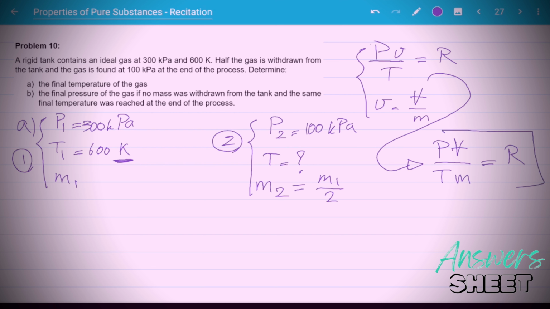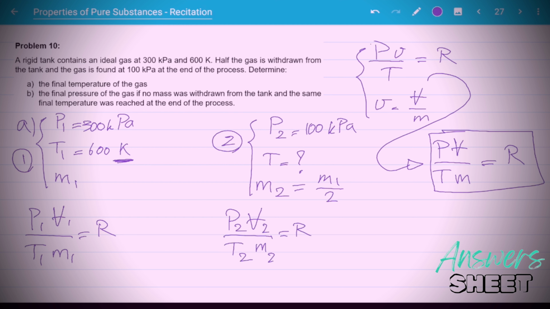So this is the equation that we are going to use. At state 1, pressure 1, volume 1, over temperature 1, mass 1 was equal to gas constant. At state 2, pressure 2, volume 2, over temperature 2, mass 2 is equal to R. Now, the right-hand side of both of these equations are the same, so I can conclude that pressure 1, volume 1, over temperature 1, mass 1 is equal to pressure 2, volume 2, over temperature 2, mass 2, right?